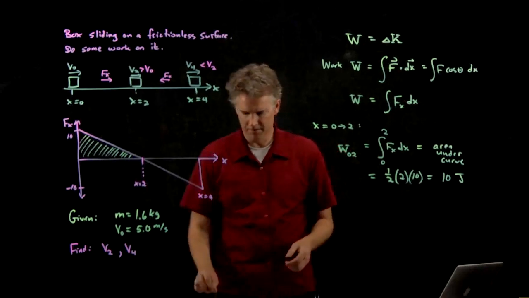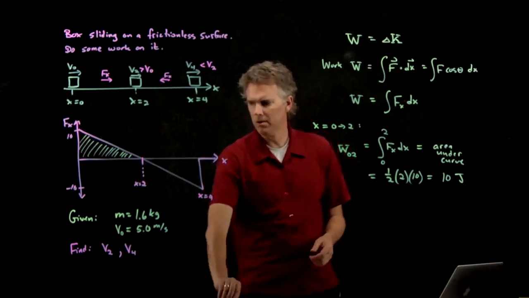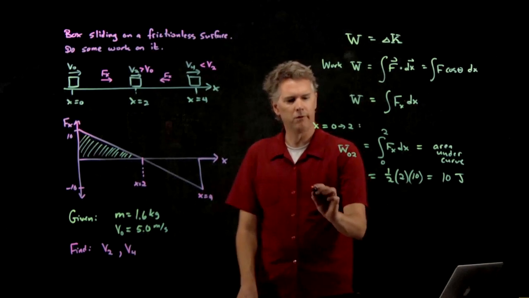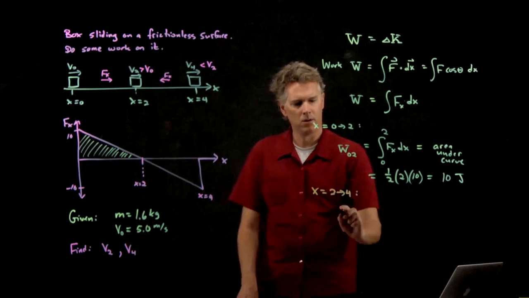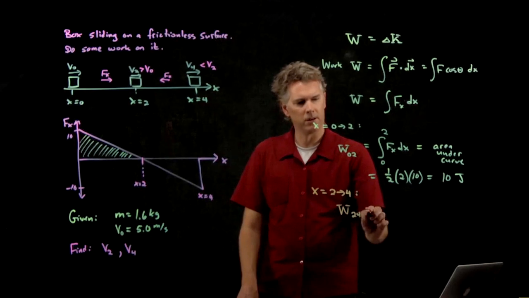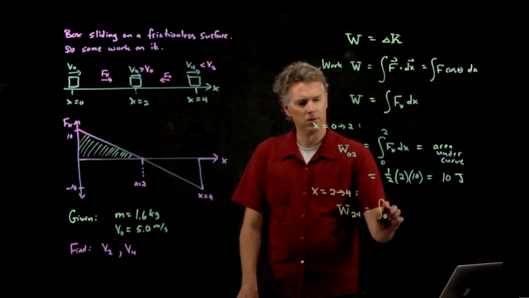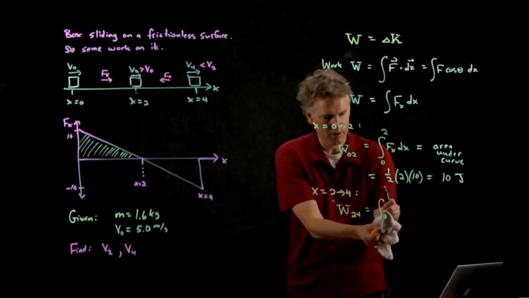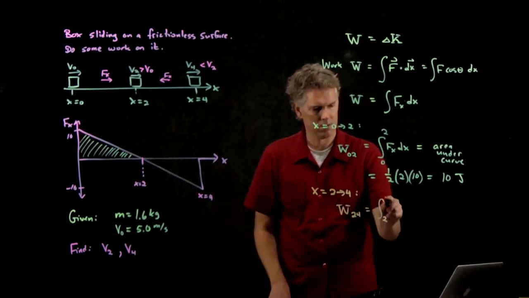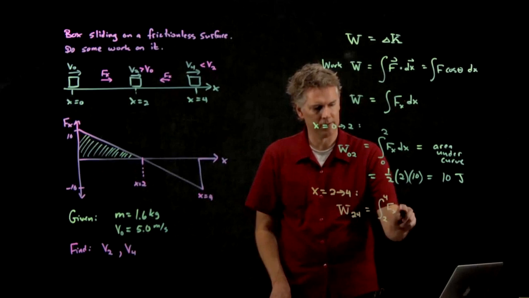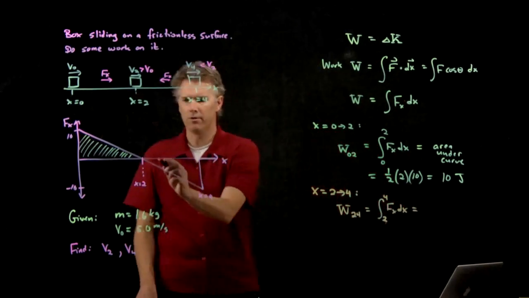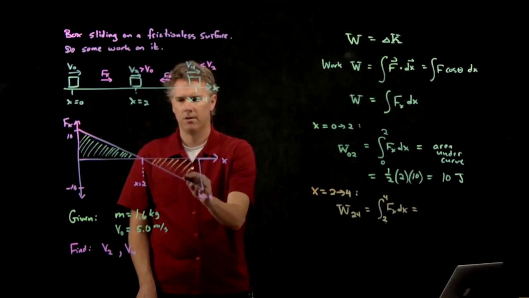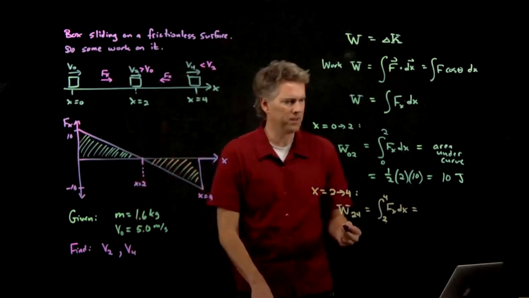What about the second part? Let's do x equals 2 to 4. Work 2 to 4 is going to be the integral from 2 to 4 of F sub x dx, which again is just the area under the curve here, which is 1/2 the base times the height.